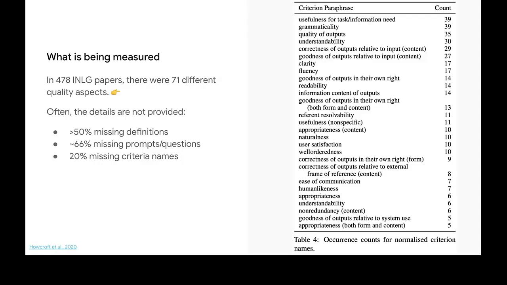Different aspects need to be measured. But the details of what is being measured are often not provided. Over 50% of papers were missing definitions, 2/3 were missing the prompts and questions that were being asked, 20% were even missing the criteria names of what was being asked of crowd raters. So that means that a lot of papers would group all of these evaluations together under quality in the absence of any better notion.